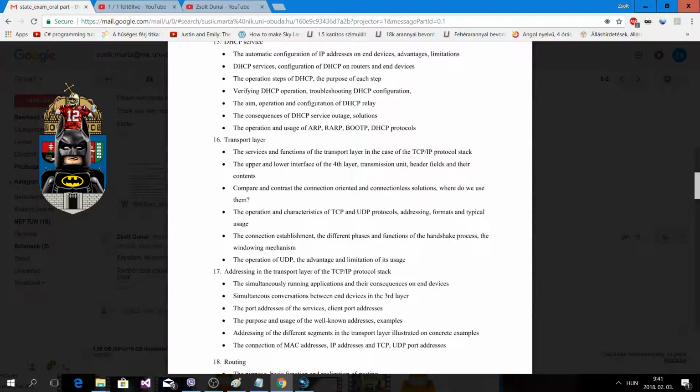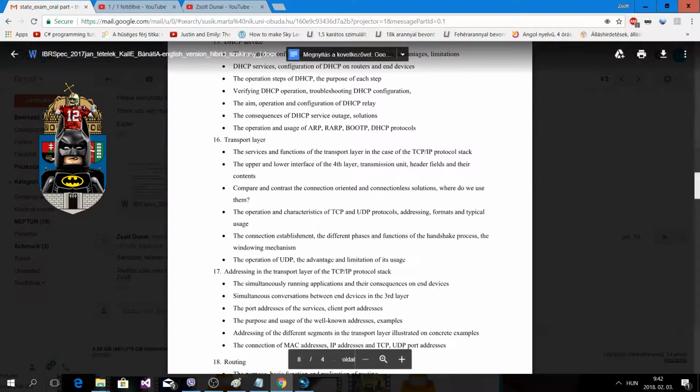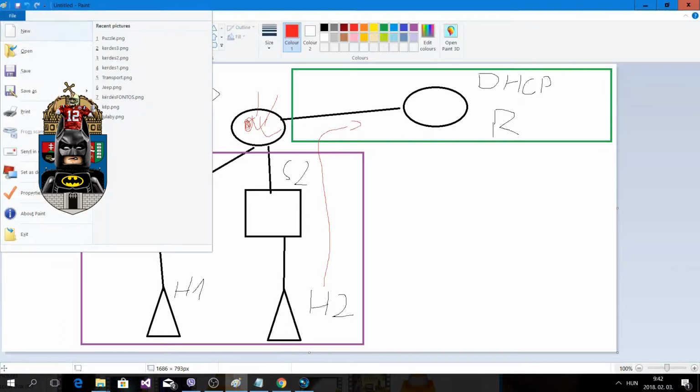Okay. The operation characteristics of TCP/UDP, addressing formats and typical usage, connection establishment, the different phases and functions of the handshake process, the windowing mechanism. So I almost covered everything. I only have to cover the handshake. So how does it look?